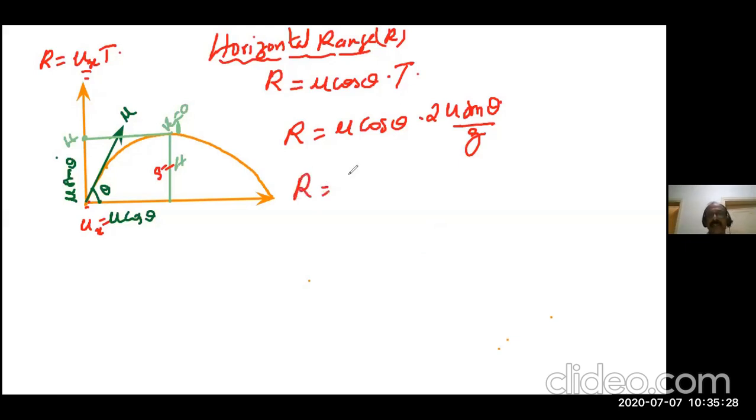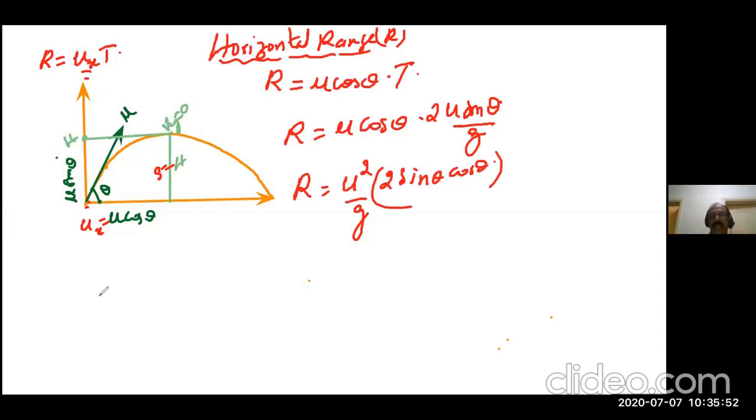R is equal to 2 u into u squared, sin theta cos theta divided by g. This 2 I will write here. U squared 2 sin theta cos theta divided by g.